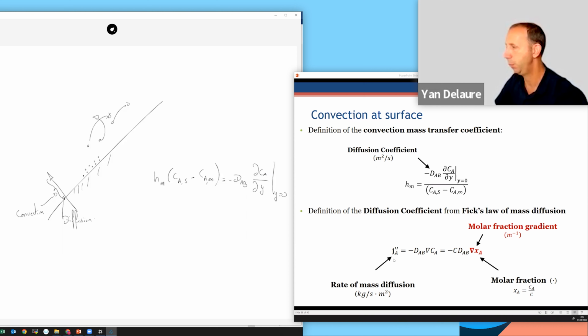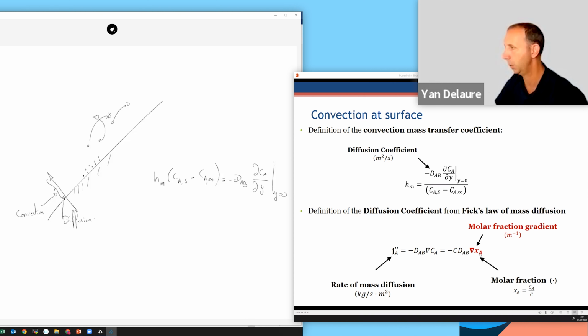We see it written here with a J letter in bold, which means that it's actually a vector. So instead of using dC_A over dy here, we use the nabla operator, which stands for the gradient of the concentration C_A. And we can prove that this is exactly equivalent to an alternative where we have the concentration of the mixture multiplied by the gradient of the molar fraction.